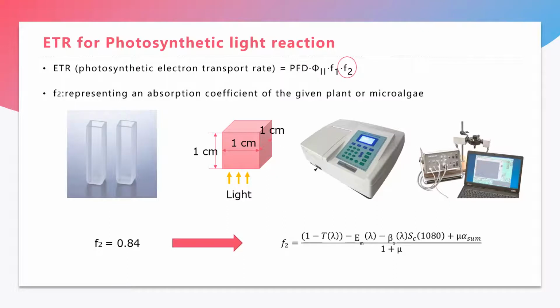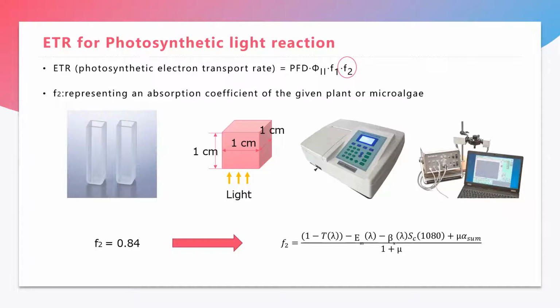It was firstly created from the principle of optics. Here, all parameters in this formula could be measured by using only a simple ultraviolet spectral photometer in regular experiments to replace complex and expensive instruments. Therefore, real-time F2 could be calculated by simple experiment for accurate modified ETR calculation in 1 cubic centimeter cube.